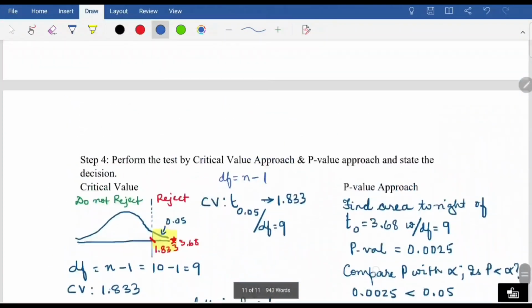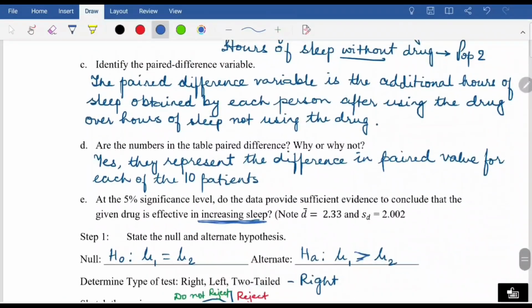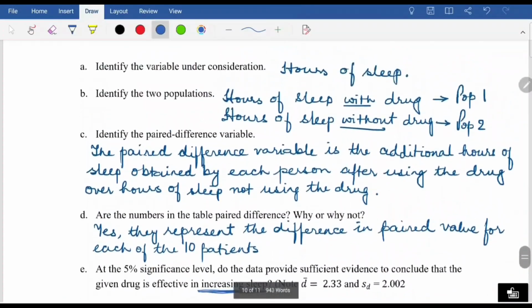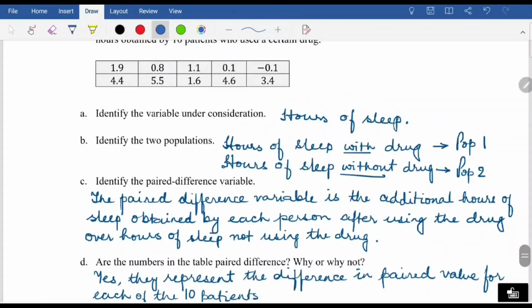Now, I just want to go back and check on one other thing: how we had defined the two populations. Population 1 was hours of sleep with the drug, and population 2 was defined as hours of sleep without the drug.